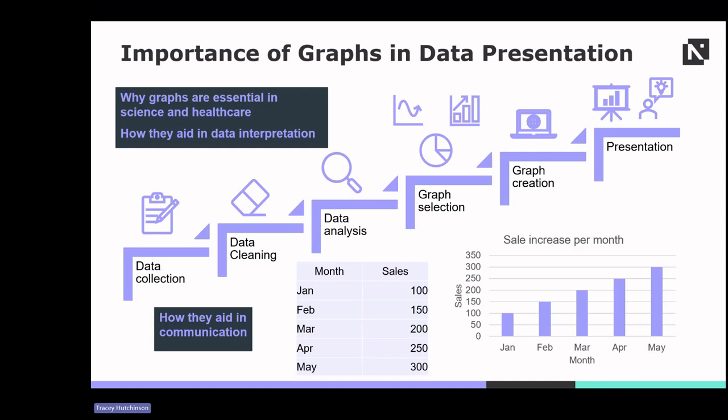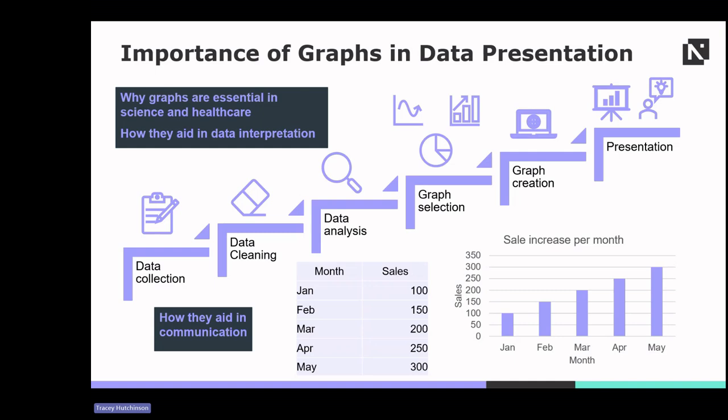For instance, consider a table with numerous data points and rows. While a table is precise, it can be overwhelming and difficult for the audience to quickly grasp the overall trends or comparisons. In contrast, a bar graph visualizes the same data in a straightforward manner, allowing viewers to immediately see differences between categories. This visual representation helps to convey information more clearly and quickly.